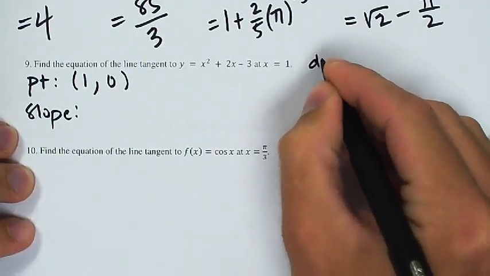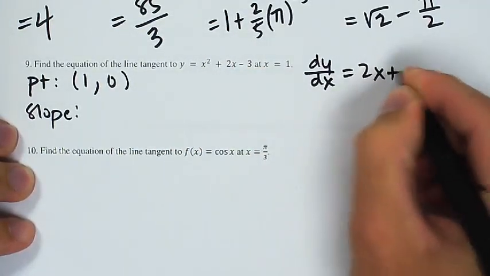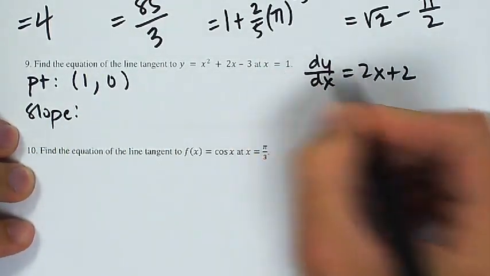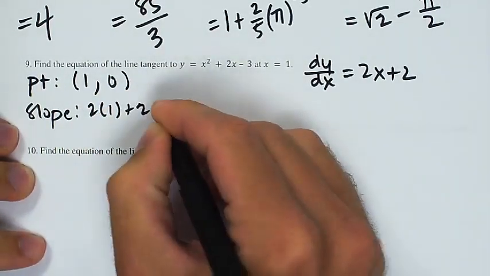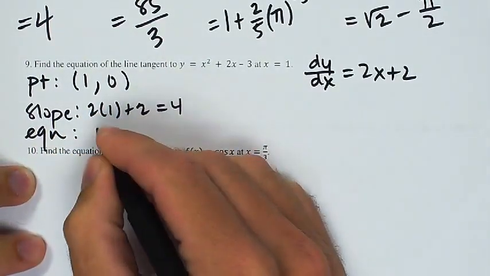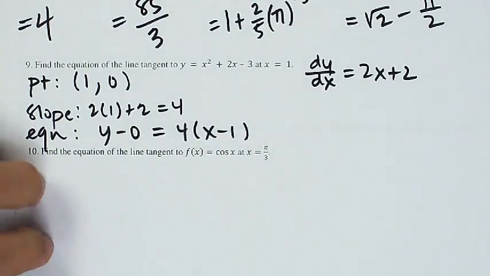Well, what is dy dx? That's going to be 2x plus 2. So the slope will be 2x plus 2 with x equals 1 plugged in. So that'll be 2 times 1 plus 2, which is equal to 4. So the equation is going to be y minus 0 is equal to 4 times x minus 1.